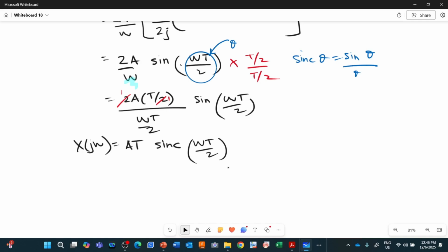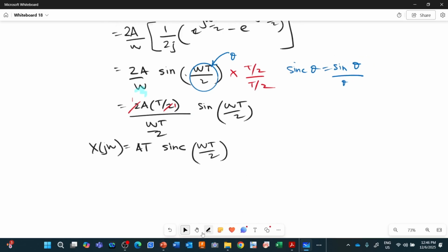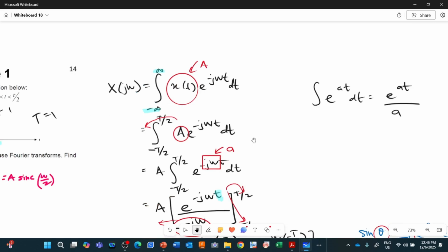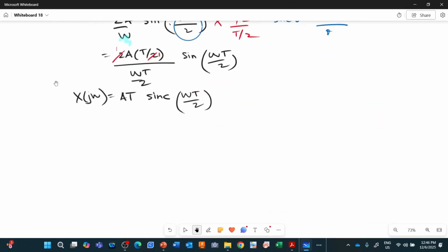What did we just do? Using this equation of Fourier transform, we just proved the table.